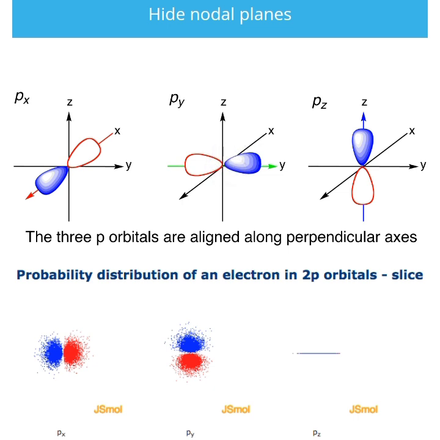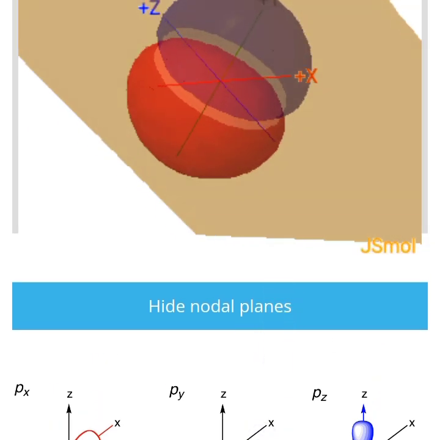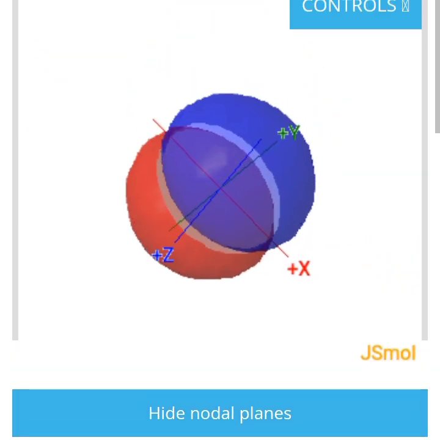Both the lobes are opposite in sign, as shown in the animation.